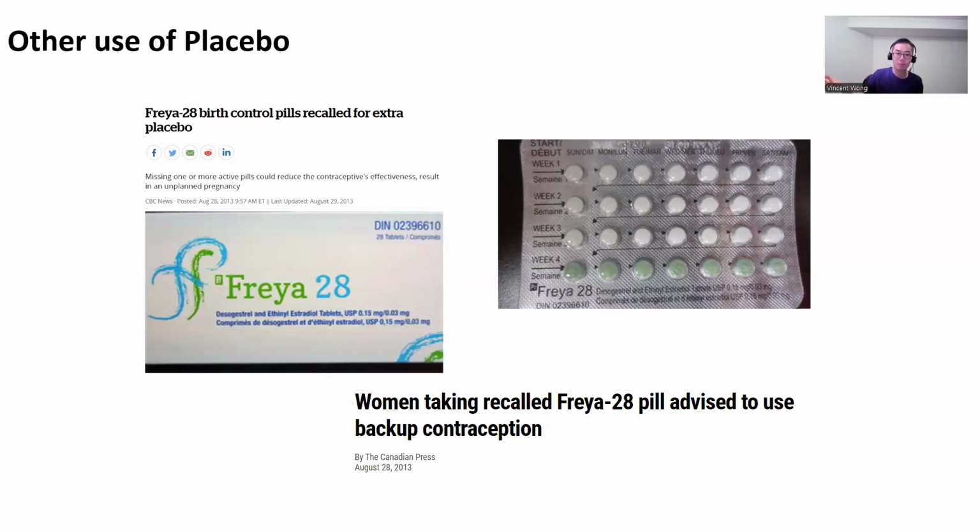The result could be undesirable. So once the company found that out, they issued an emergency recall, and people were advised to use backup contraception immediately. Okay, so that's an example of how placebo is used outside of the context of an experiment.